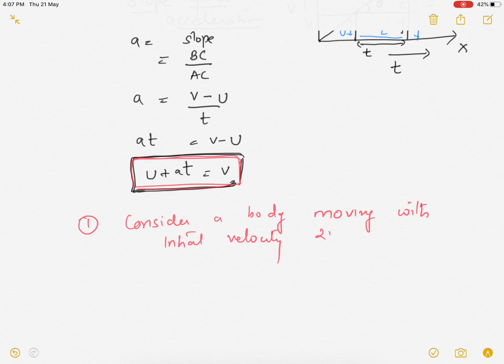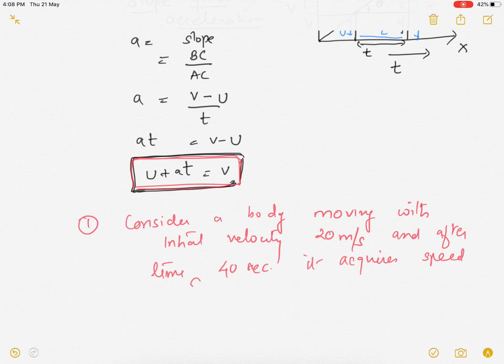initial velocity 20 meters per second and after time 40 seconds it acquires speed 80 meters per second.